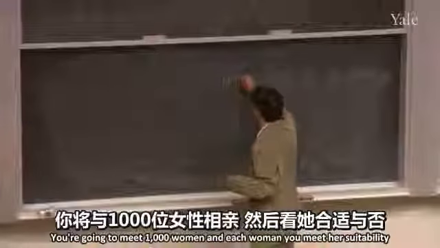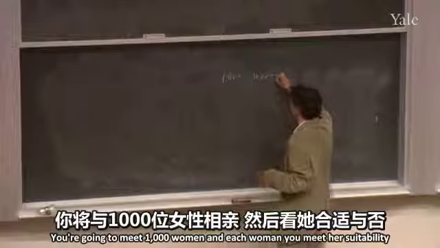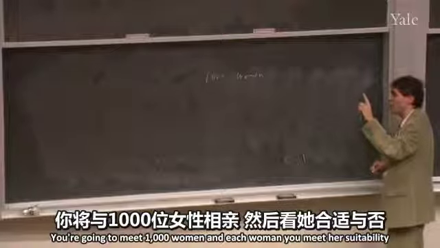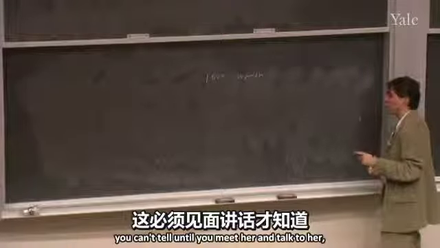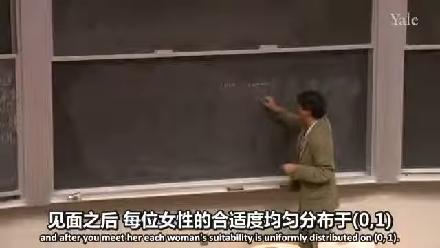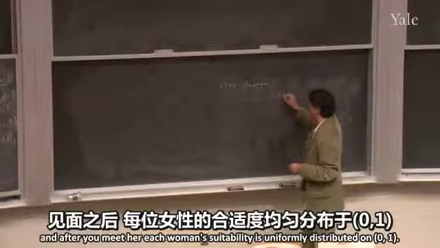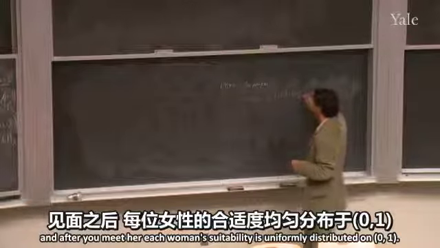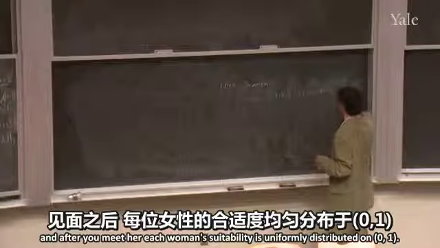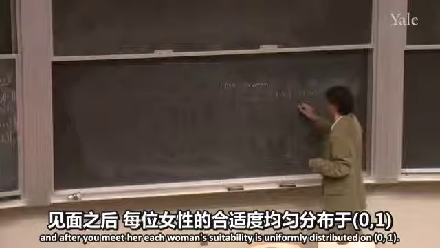Each woman you meet, her suitability, you can't tell until you meet her and talk to her. And after you meet her, each woman's suitability is uniformly distributed on 0, 1.